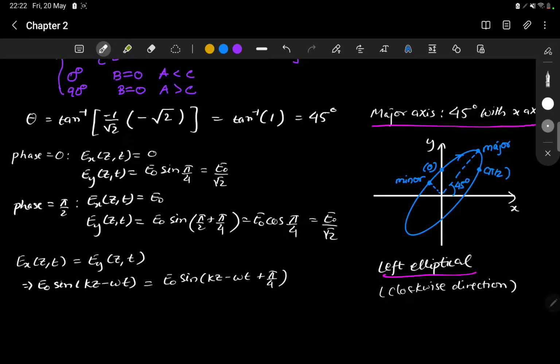So let kz minus omega t be some phase phi. Let us rearrange it.